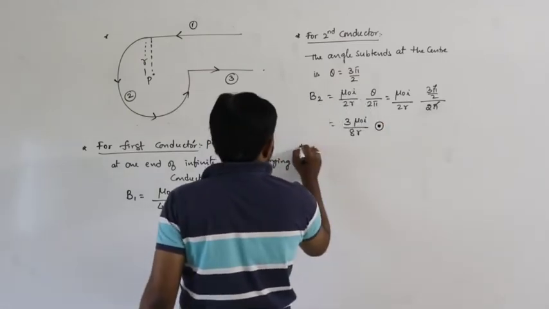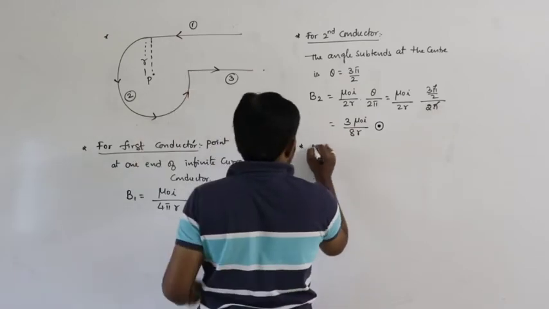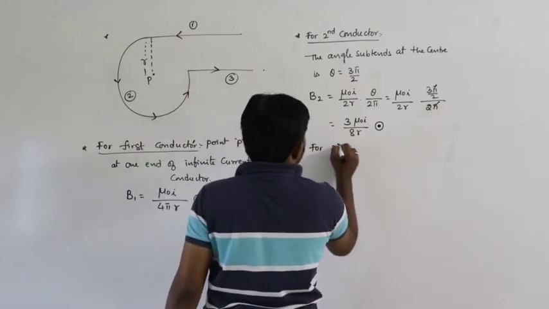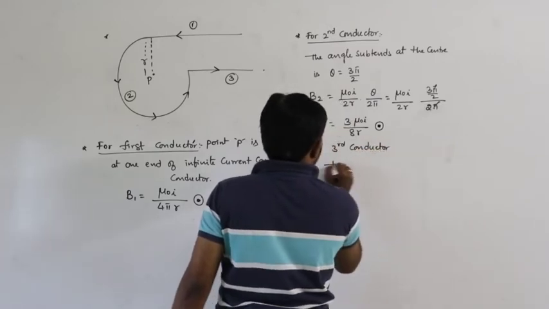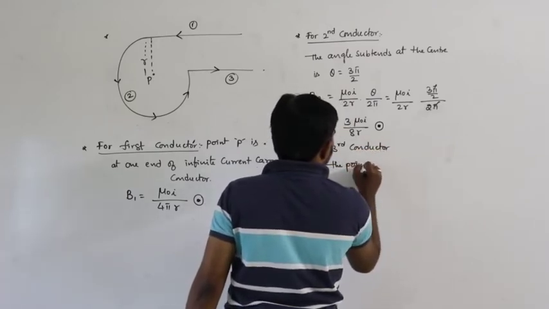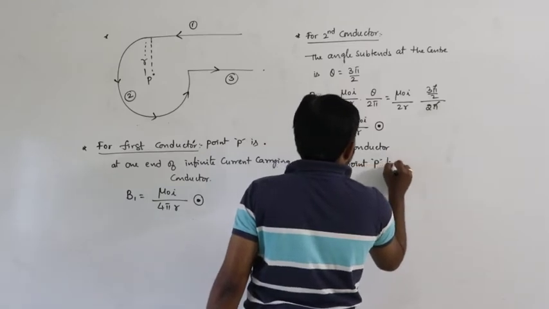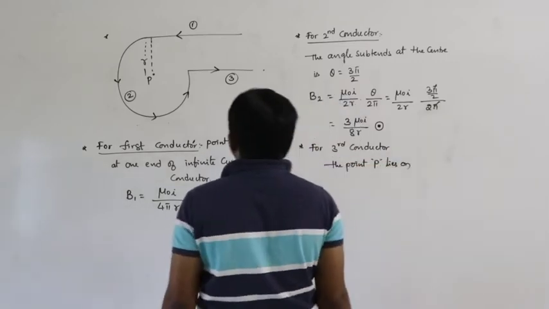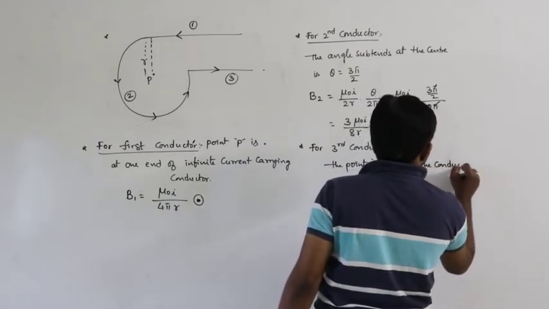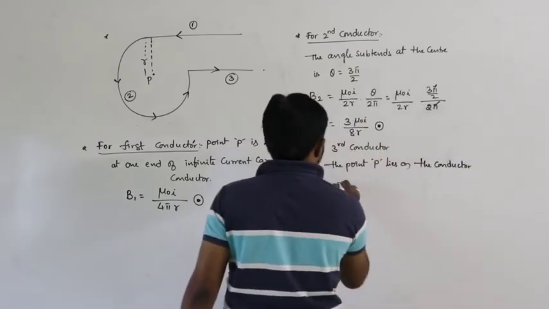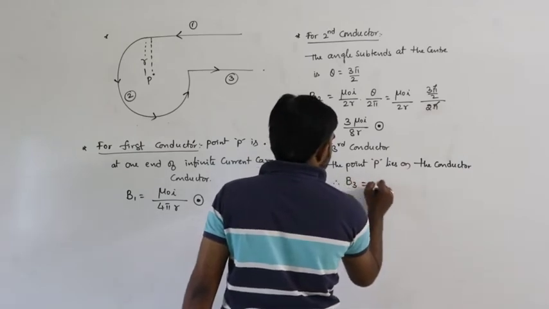Next, this is the third conductor. For the third conductor, the point P lies on the conductor, therefore B3 is equal to 0.